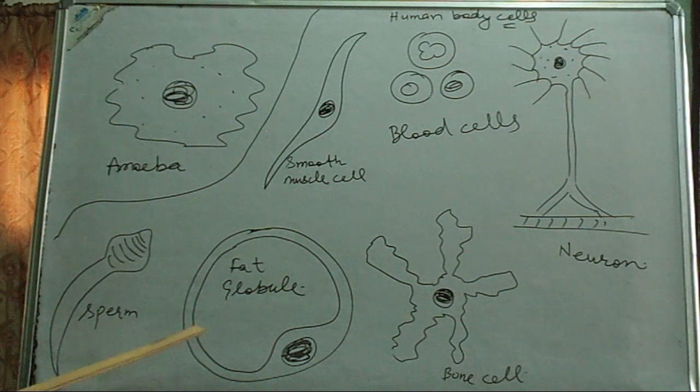Similarly, fat globule: wherever we have excess fat in the body, that fat is stored in the form of fat globules. And here is a sperm cell, that's part of our reproductive system. Similarly, there is the ovum, which is also one of the cells. That ovum unites with sperm to form a bicellular structure, and the zygote is developed from it.